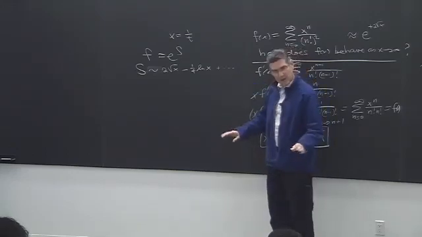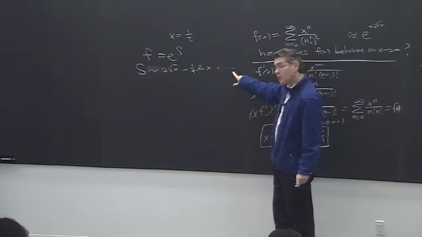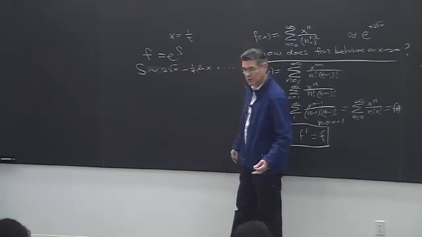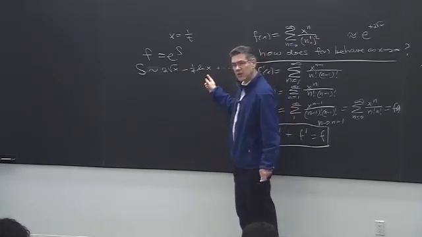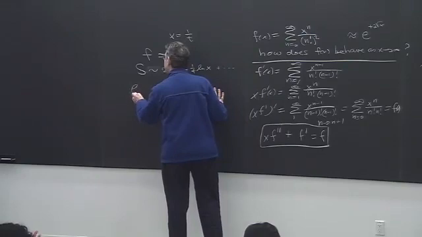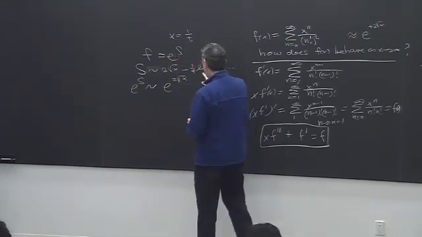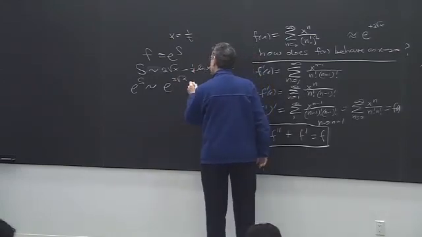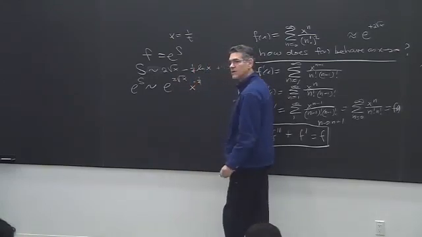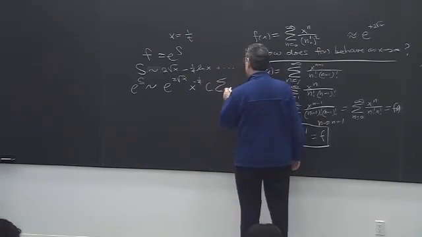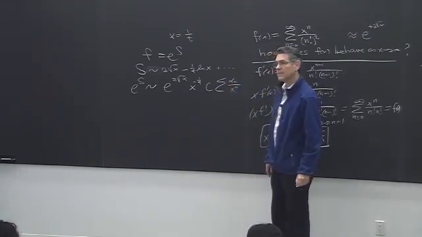But these terms, I'm not going to go through the calculation, are small compared with 1, and therefore it is now valid, I haven't shown you that, but it's true, it is now valid to exponentiate this and to conclude that e to the s is asymptotic to e to the 2 square root of x, and the exponential of this is x to the minus 1/4 times some constant times a series in powers of 1 over x at infinity.